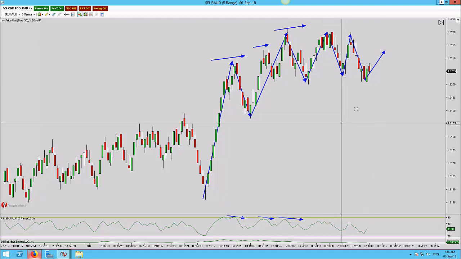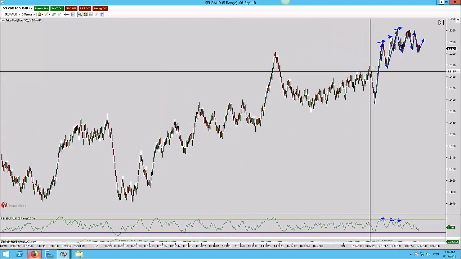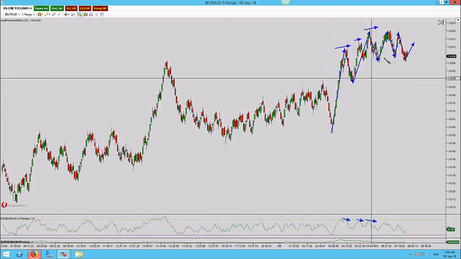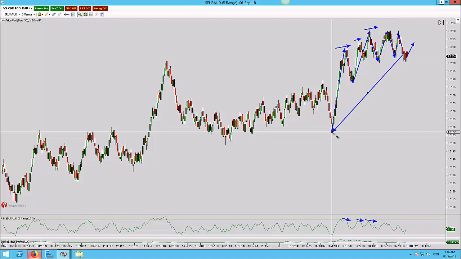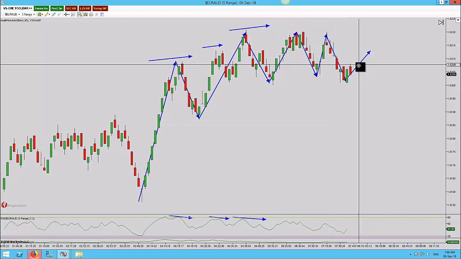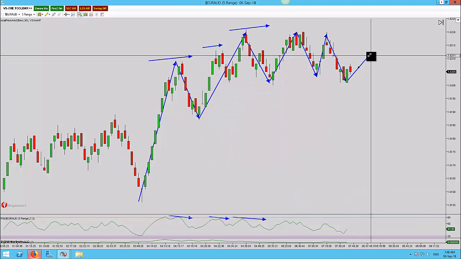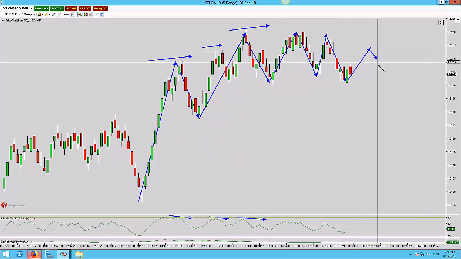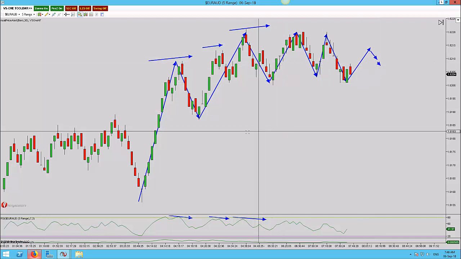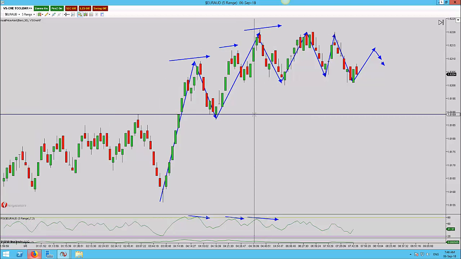I'm not going to be looking for any real kind of extension here. We could see a move all the way back down to retest the lows, but at the moment I don't have the market telling me anything like that. So I'll just be here on the 5 range, waiting for the market to come up, give me a lower low, lower close, and then I'll enter, playing for a retest of this level here.